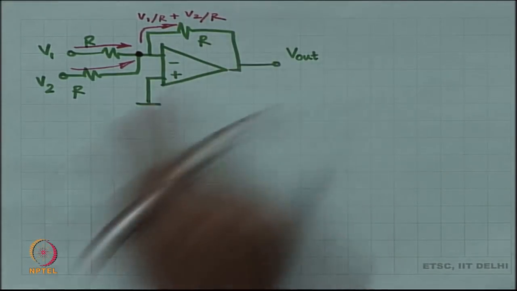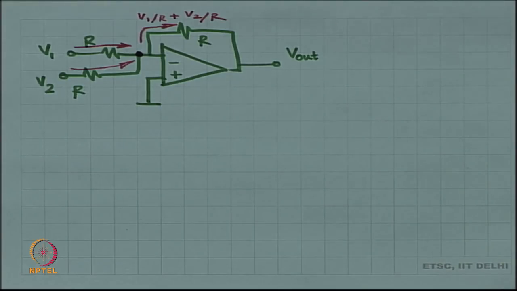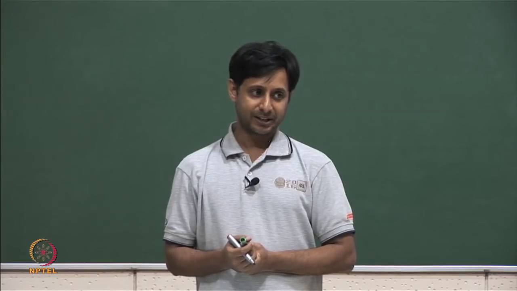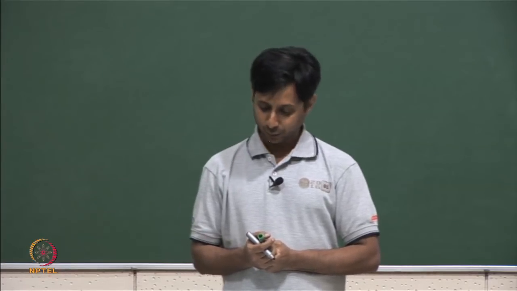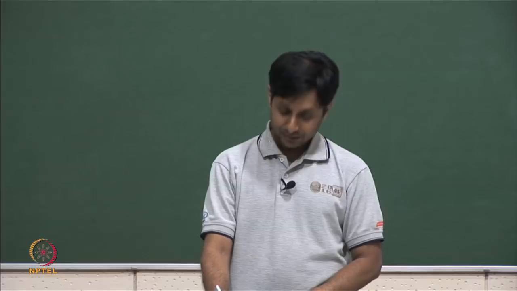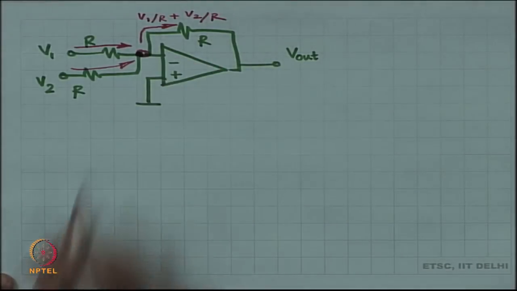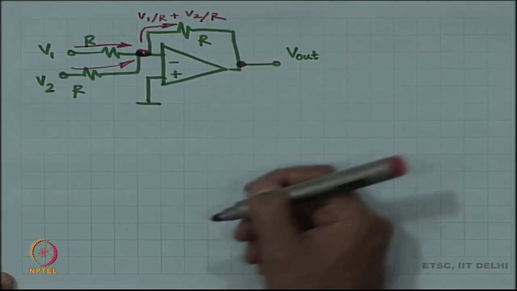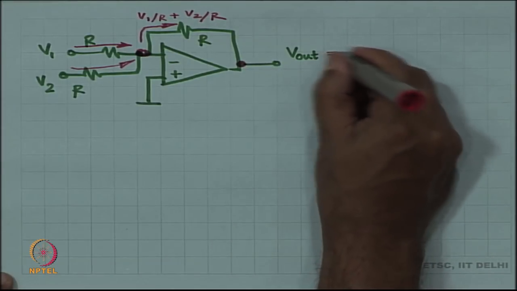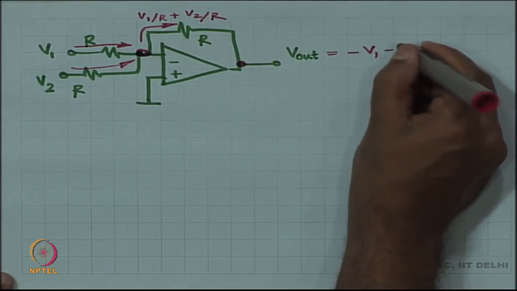And this is the current going through the feedback resistor R, and therefore the drop across the feedback resistor is R times the current, which means the drop is V 1 plus V 2, and you started with a voltage of 0 volts on this side. That automatically means that V out is nothing but minus V 1 minus V 2.